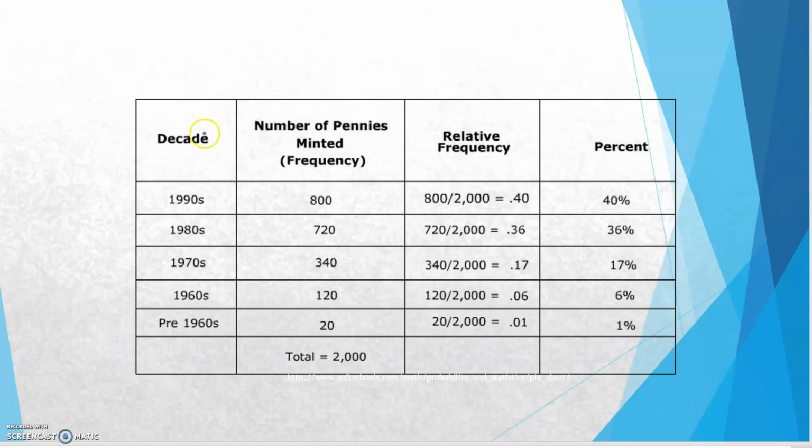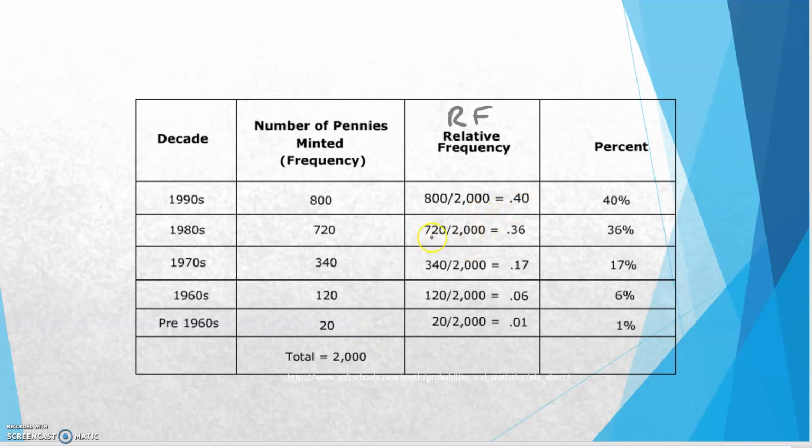So here are our classes, and there's our frequency within our class. If we add all those up, that gives us 2,000. The relative frequency, which I abbreviate RF, for the first class is the frequency of the class, 800, divided by the total, 2,000, which is 0.4.